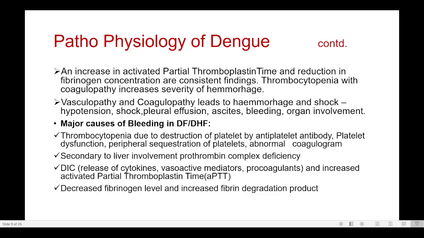Disseminated intravascular coagulation also occurs as a result of cytokines, different vasoactive mediators, procoagulants, and increased activated partial thromboplastin time, which are the consistent findings in dengue coagulopathy. Decreased fibrinogen level and increased fibrin degradation products are also responsible for bleeding.